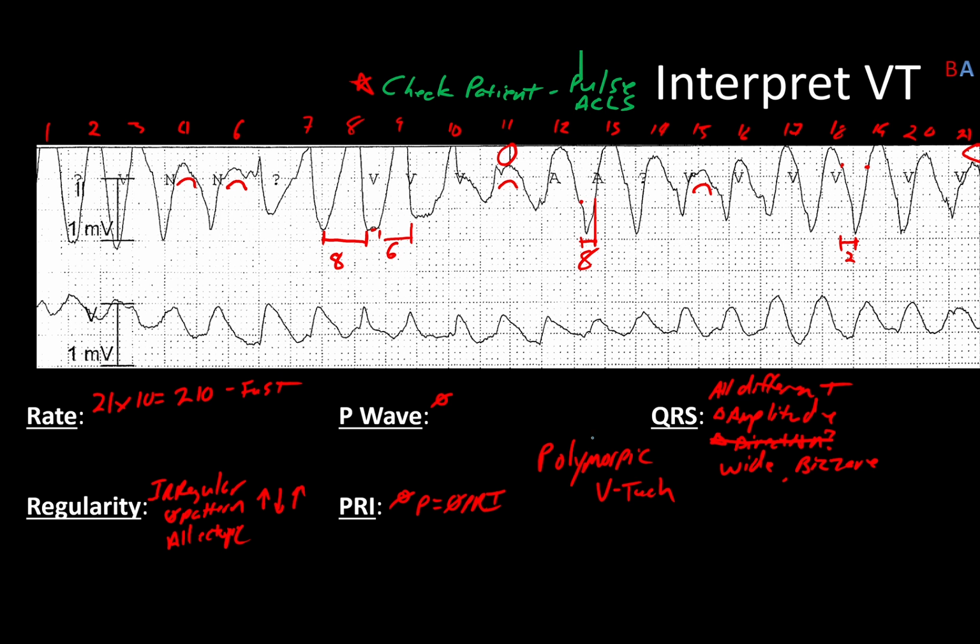I don't think there's really much question about that. But in light of talking about prolonged QT interval and torsades, what really is that big difference?